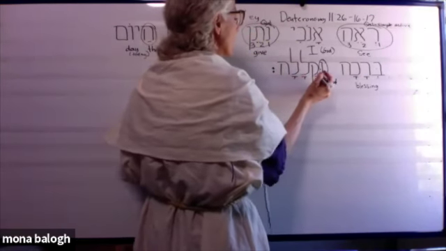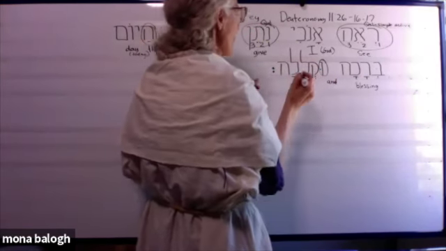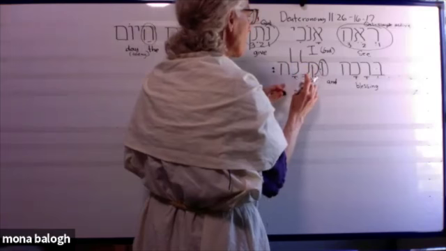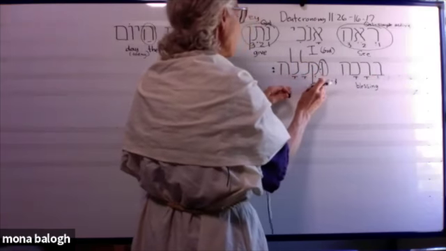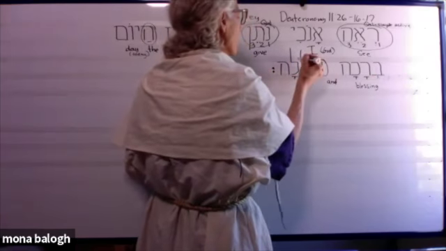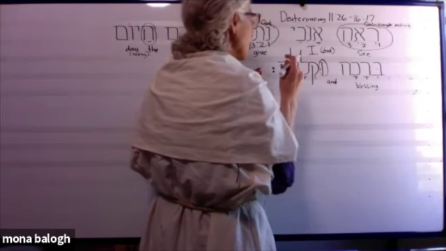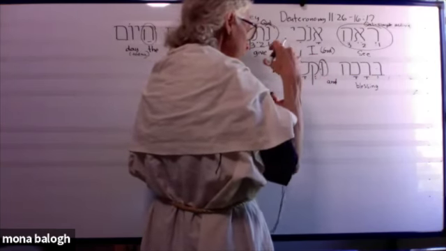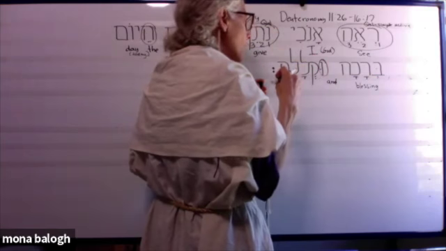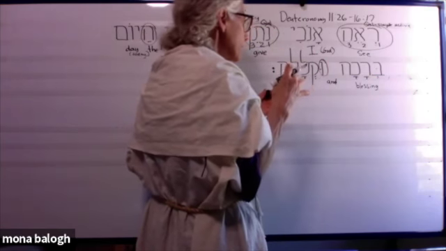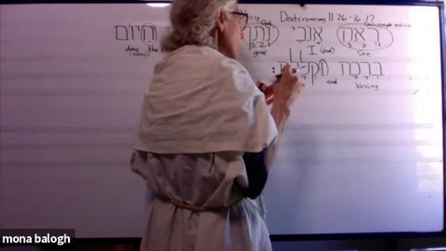Kelala. Okay, so you notice that this is also a noun. Beracha is a blessing, and kelala. The word kal here means light, not heavy, the opposite of heavy. It also means simple.